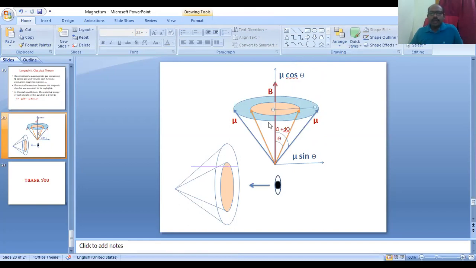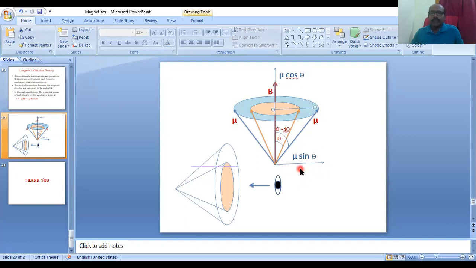From this right-angled triangle, this side is the hypotenuse, which is mu. Since it is the adjacent side, cos theta is equal to adjacent side divided by hypotenuse, so the adjacent side is mu cos theta, and the other length is mu sin theta.